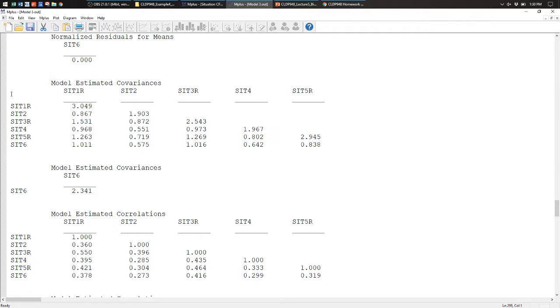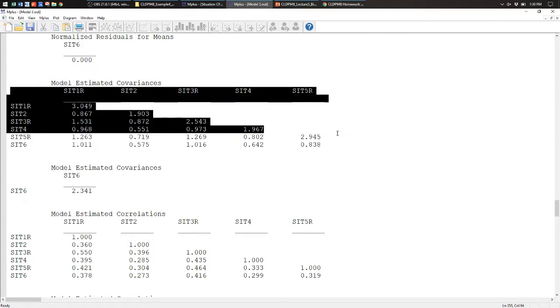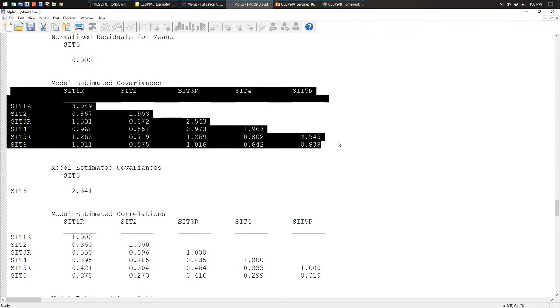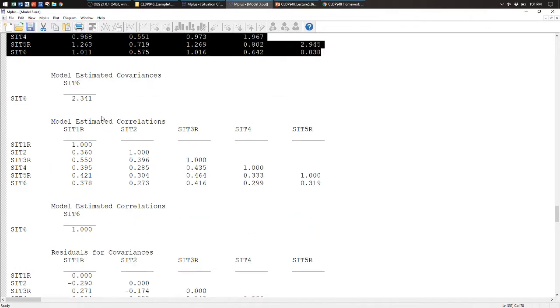That name is insufficient because what is in here is not just covariances but also variances. So this would be known more completely as a variance covariance matrix because the variances are on the diagonal. The covariances are on the off diagonal. So this is what the model says they should be.